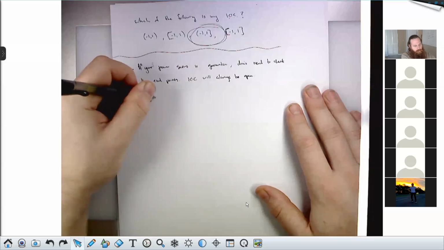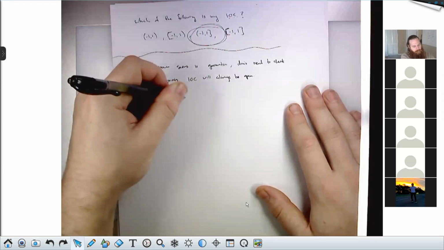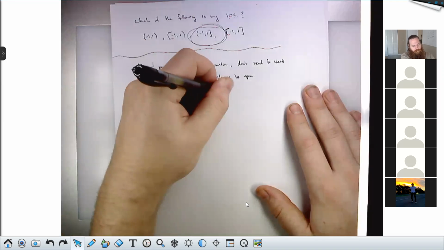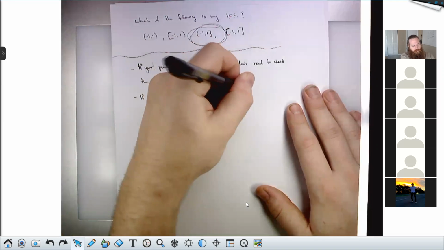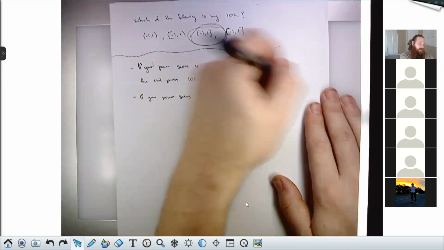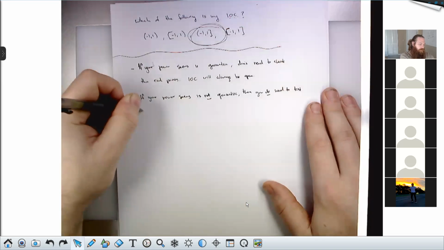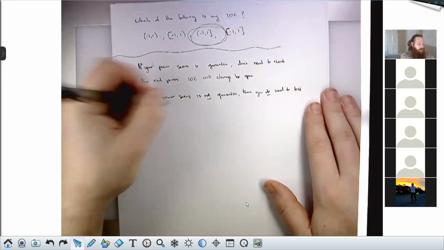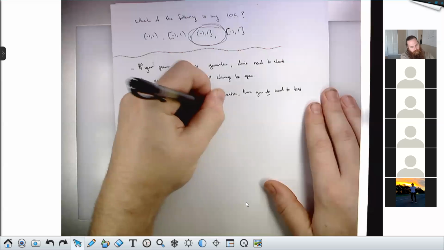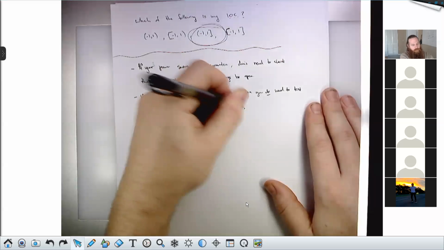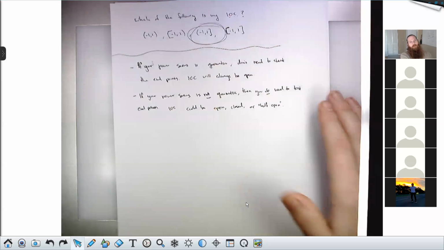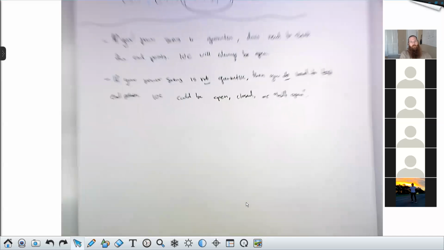If your power series is not geometric, then you do need to test the endpoints. The IOC could be open, closed, or half open. All right, open on the left, closed on the right, whatever, like it is above.